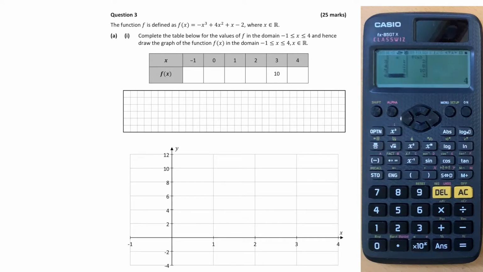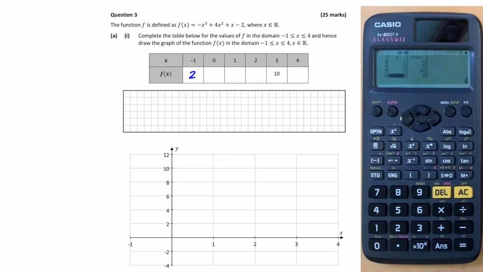Okay, so I'm just going to fill those values in. Like I said, -1 mapped onto 2, so I'm going to put 2 in.